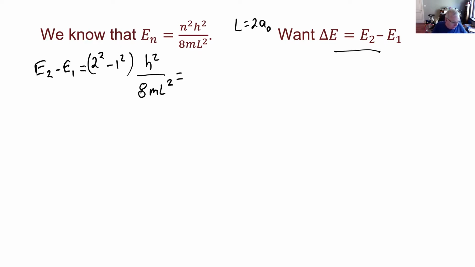So the first piece is 4 minus 1, so that's 3. So I've got 3h squared on top. Down here, I've got an 8 and my L squared, because L is 2a0, so L squared is 4a0 squared. So this is 32m times a0 squared. So that is what delta E should be for this thing.